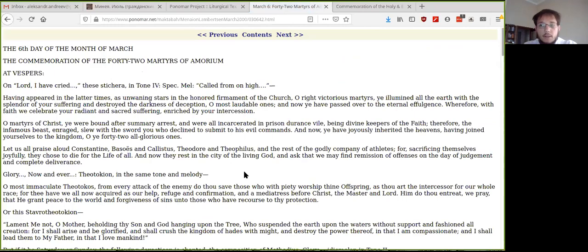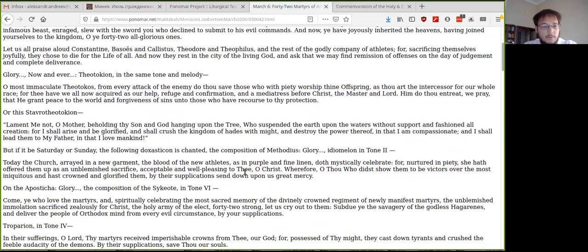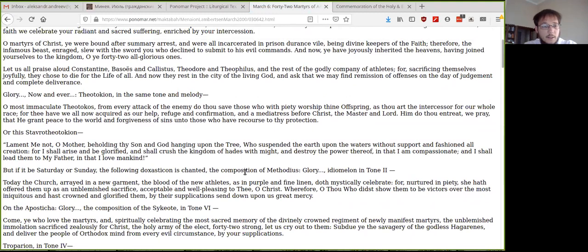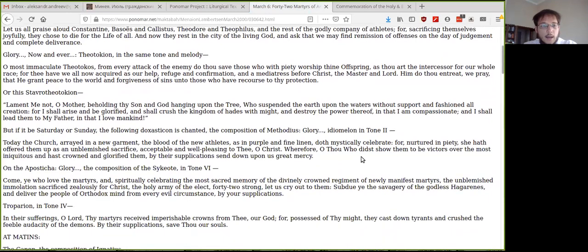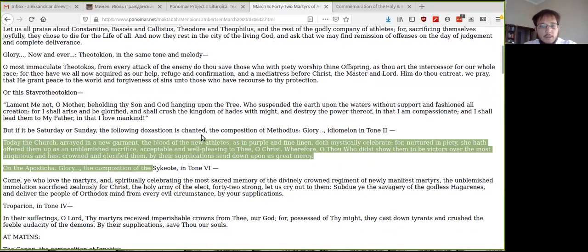I'm cheating a little bit here, but just work with me. It's got a doxasticon in tone 2, but it doesn't have a Stavrotheotokion that accompanies this doxasticon.